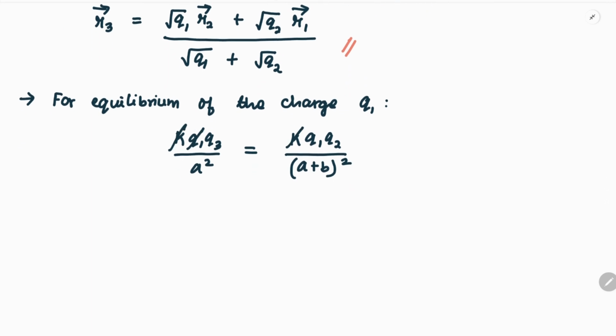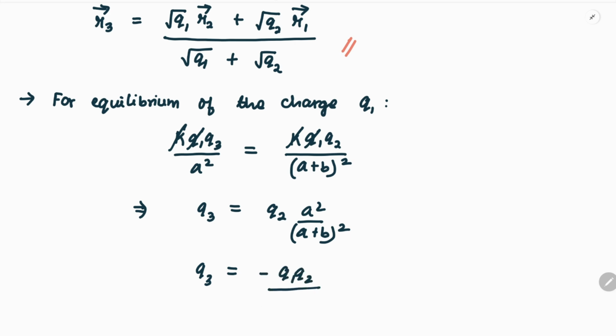So k and k cancel out, q1 and q1 cancel out. So from here we can say that q3 is equal to q2 times a square by a plus b square. And if we substitute the value of a by b, we get this value as minus q1 q2 upon root q1 plus root q2 square.